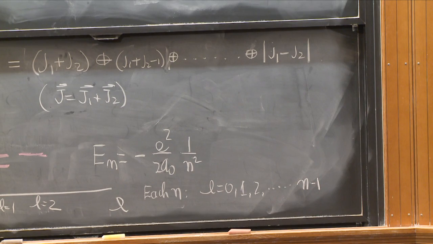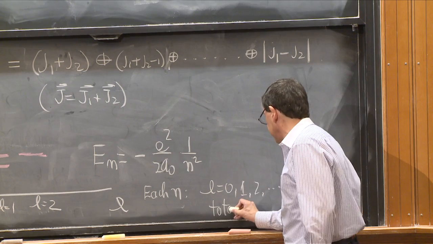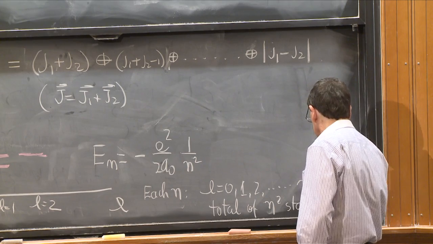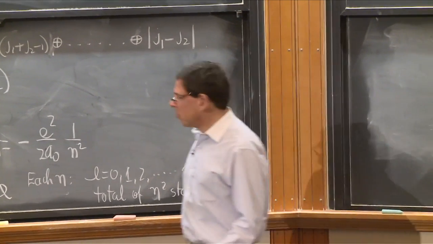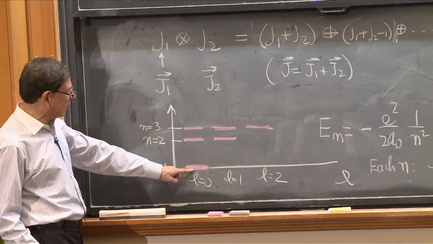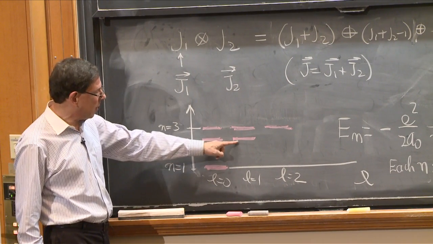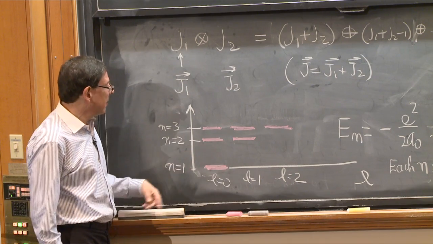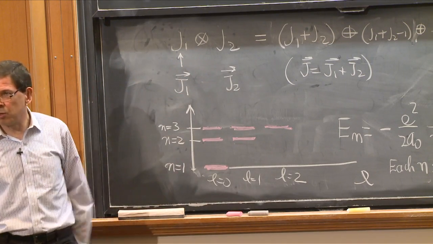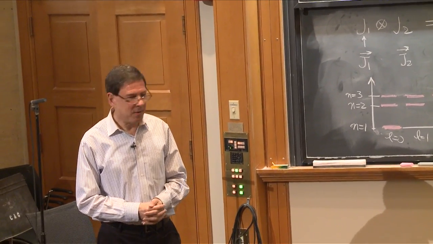And for each n, there's a total of n squared states. And you see it here. For n equal 1, 1 state. For n equal 2, L equals 0 is 1 state, L equals 1 is 3 states, so it's 4. Here we have 4 plus 5, so 9. It's a famous thing: there's n squared states at every level.